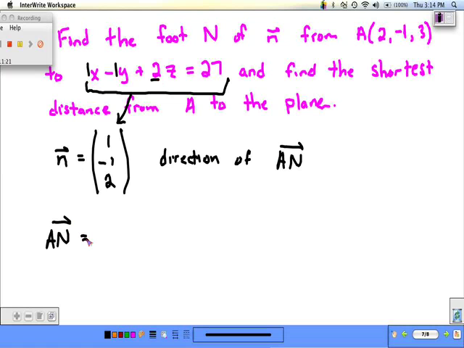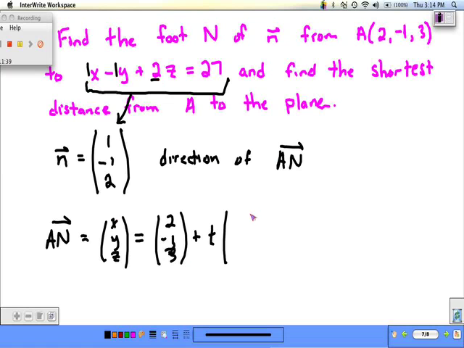Vector AN can be given by the parametric form 2, -1, 3 plus t times 1, -1, 2. And this would actually be line AN. And we find that x is 2 minus t, y is -1 minus t, and z is 3 plus 2t.